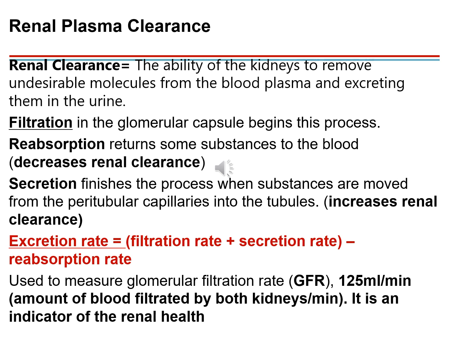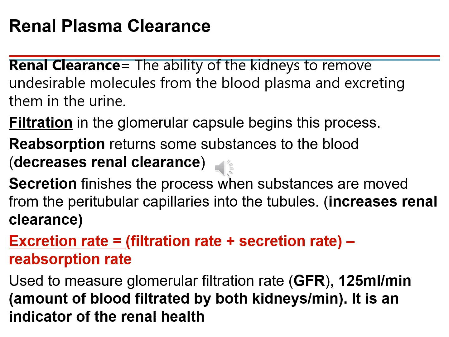Now, the process of clearance starts with the filtration. Then the reabsorption or secretion is what can affect that clearance. Why? Because reabsorption is the return of a certain substance back into our bloodstream.